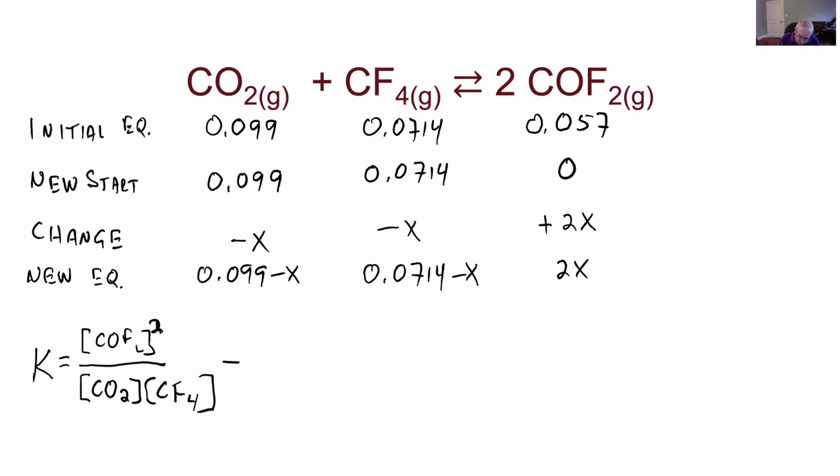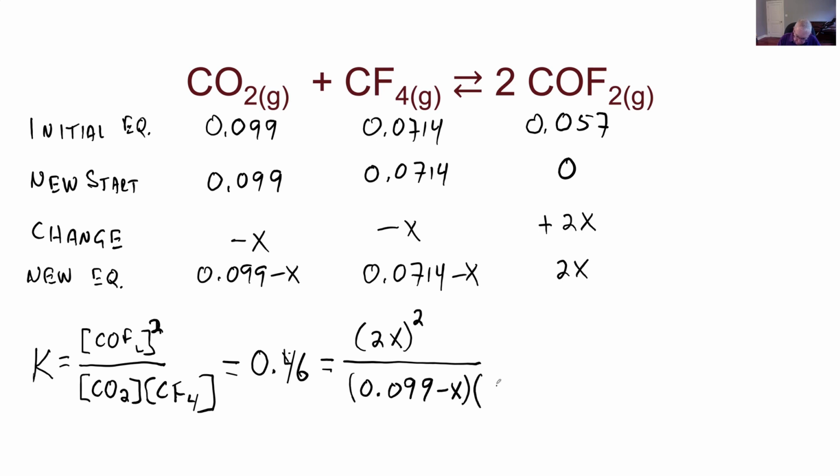Right, which is now equal to, well, I know it's equal to 0.46 because that's what we calculated a moment ago. And now I know that's also equal to 2x, squared, because that's the concentration from the top. Down here, I have 0.099 minus x.